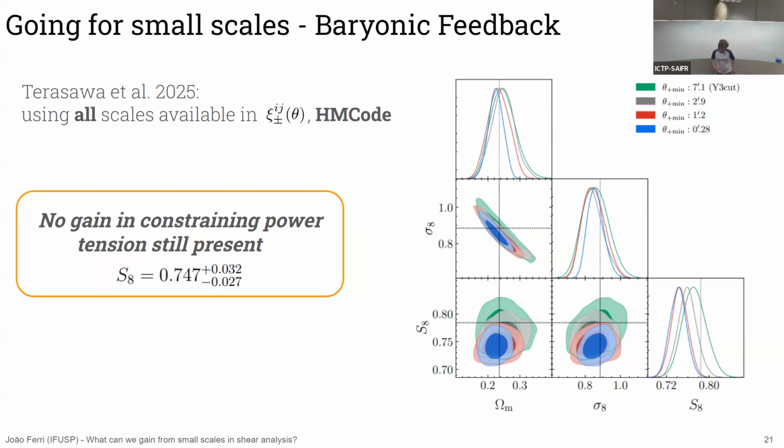So, okay, that's interesting. But one thing is that they didn't do this analysis in harmonic space. So this is something that I'm going to do, to verify that this value of S8 is the same in harmonic space, to see if we can really trust HMcode on such small scales.